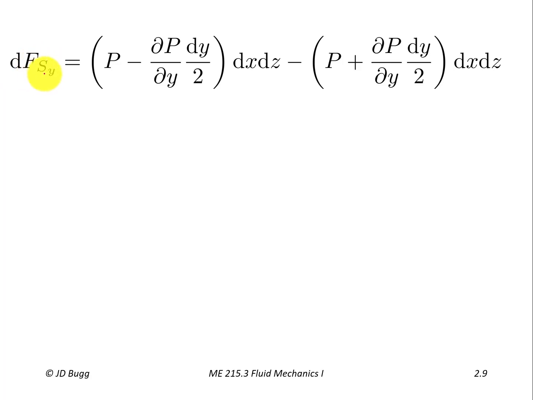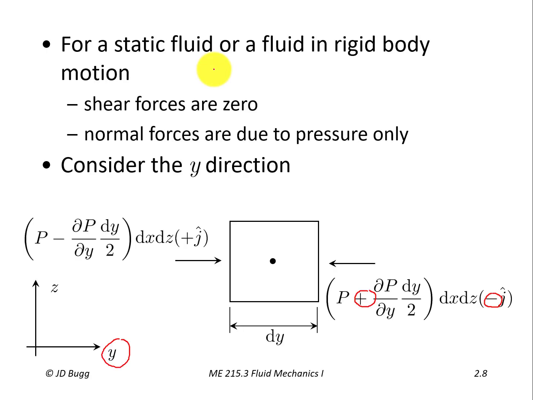It's a surface force, and right here we're talking just about the y component. So notice there's no vector quantity here. This is just the y component of that vector, which has 3 components in total. So all we're doing here is adding these two together.